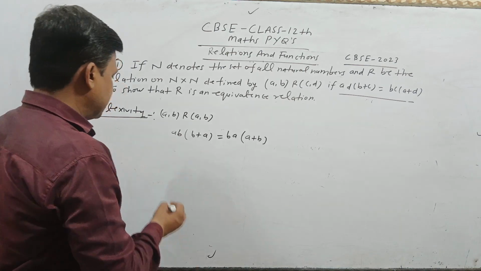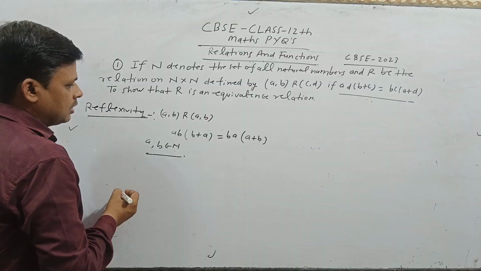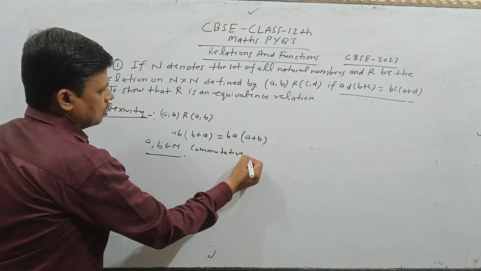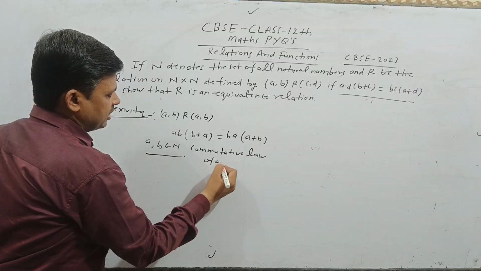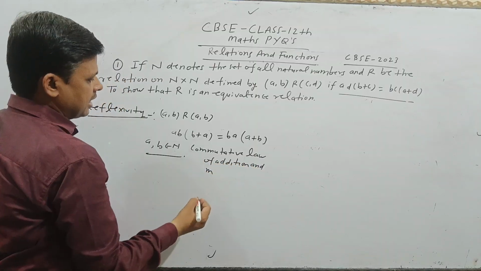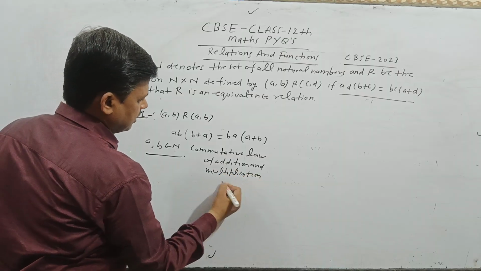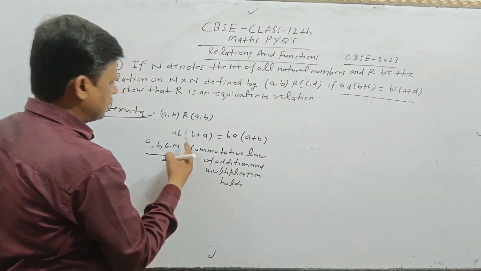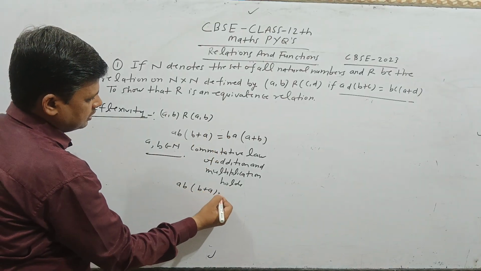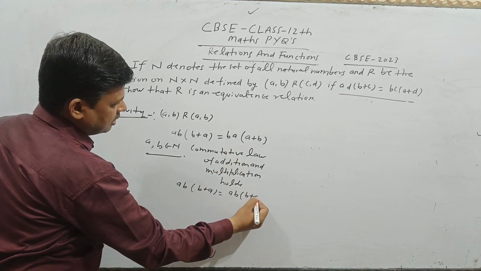For the natural numbers, as a and b both belong to the set of natural numbers, the commutative law of addition and multiplication holds. So you can write ba as ab, and here you can write b plus a.